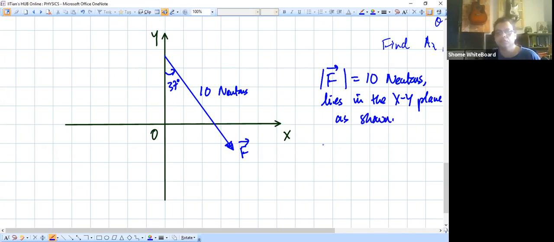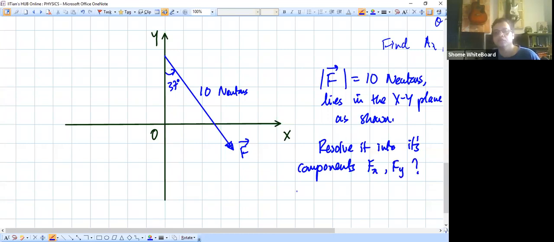So again, resolve it into components. Resolve the force into its components Fx and Fy and express it in component form, or what we call i cap j cap form.